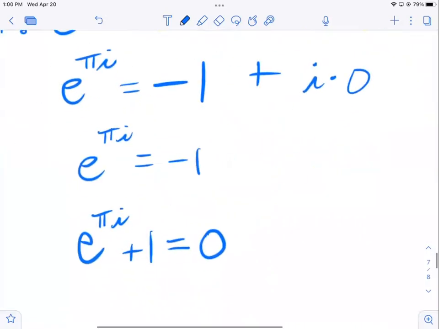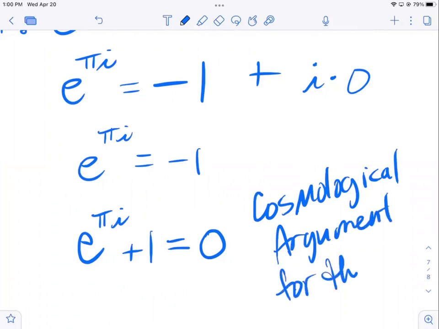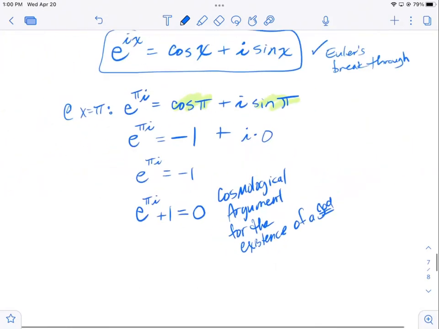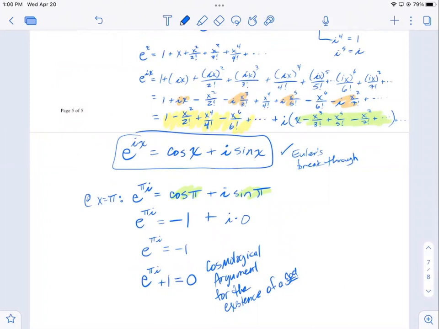Right. So this goes on to what I was talking about, the cosmological argument. It's so cool. For the existence of whatever you call that, God, a divine creator, right? Because it can't just be human nature. That's exactly right. The equation is too perfect, like the watch on your wrist, like an automobile.